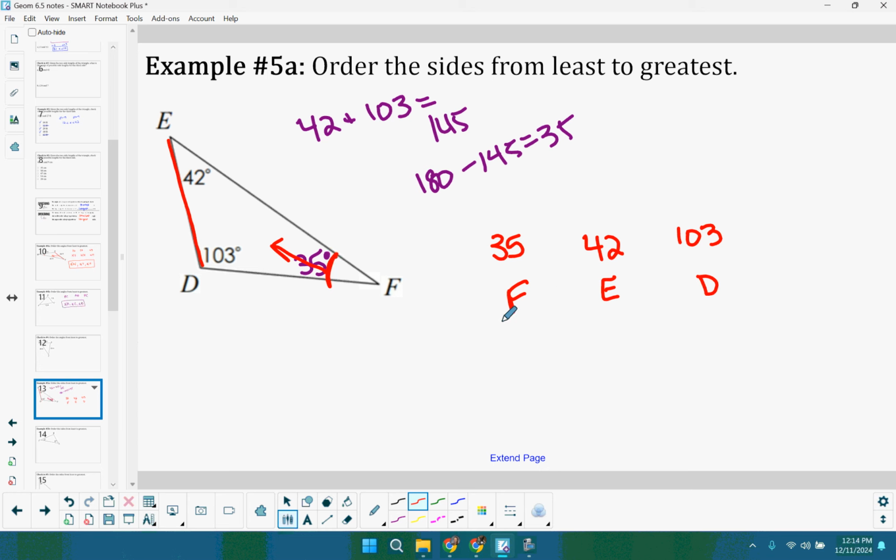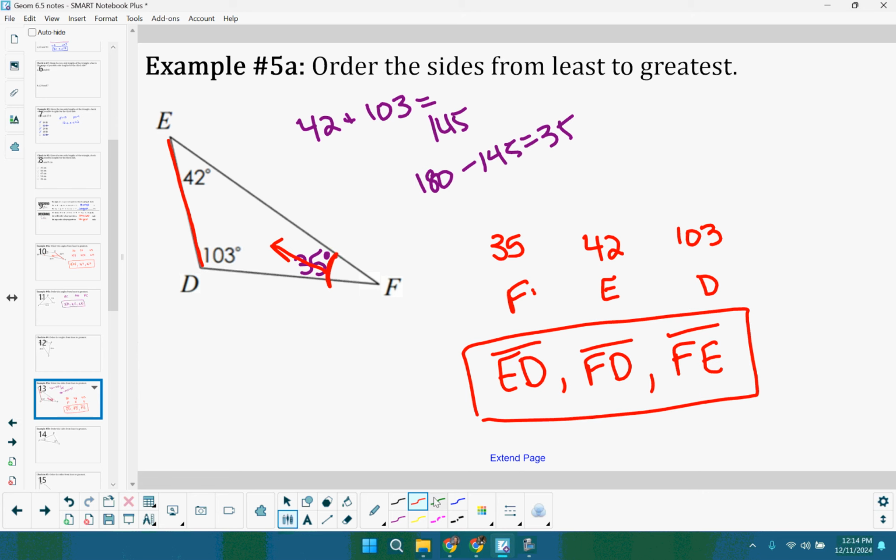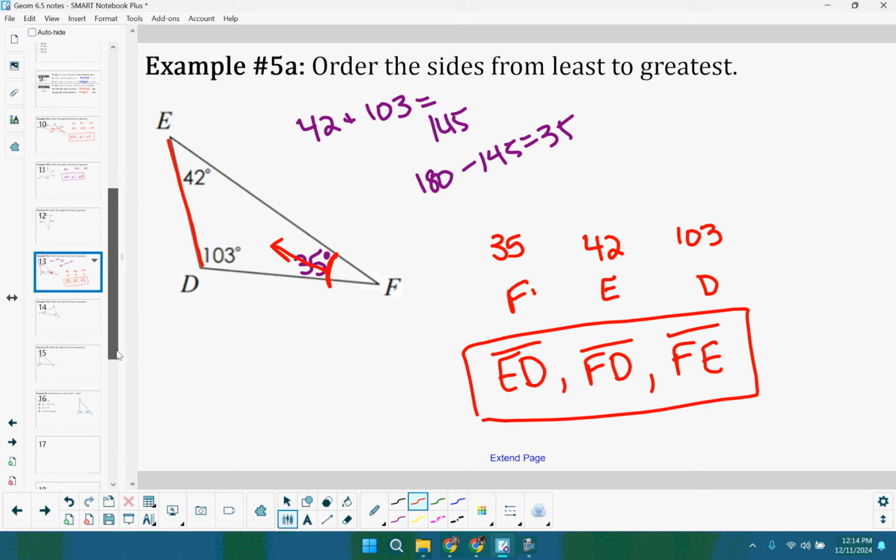Or the 2 letters that we didn't use when we talked about angle F were E and D. So the 2 letters we didn't use when we said E were F and D. And then the 2 letters we didn't use when we said D were F and E. So now those are my sides in order from least to greatest.